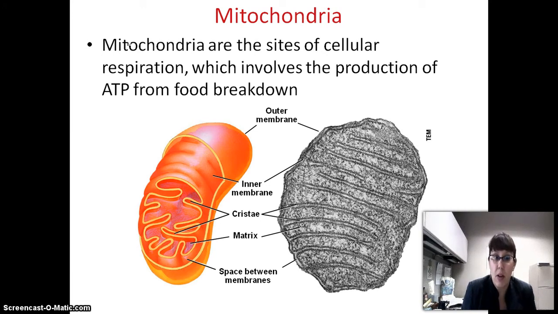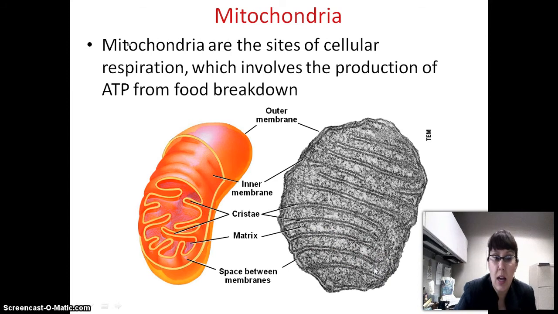So a mitochondria is found in a eukaryotic cell, and it's got a double membrane. It has an outer membrane and it has an inner membrane. The inner membrane actually has folds in it called cristae, and so from the outside it can look like this, with little stacks.